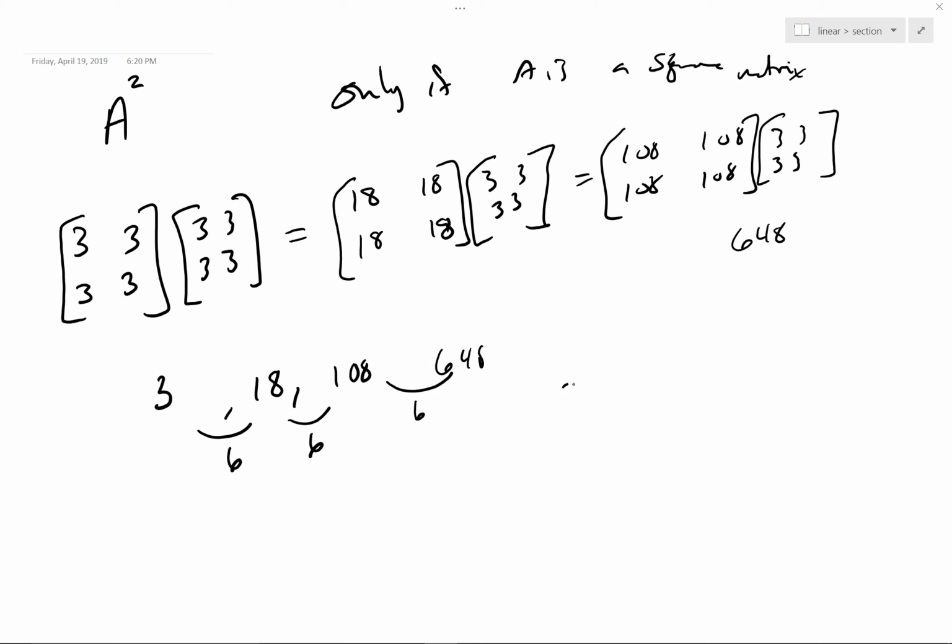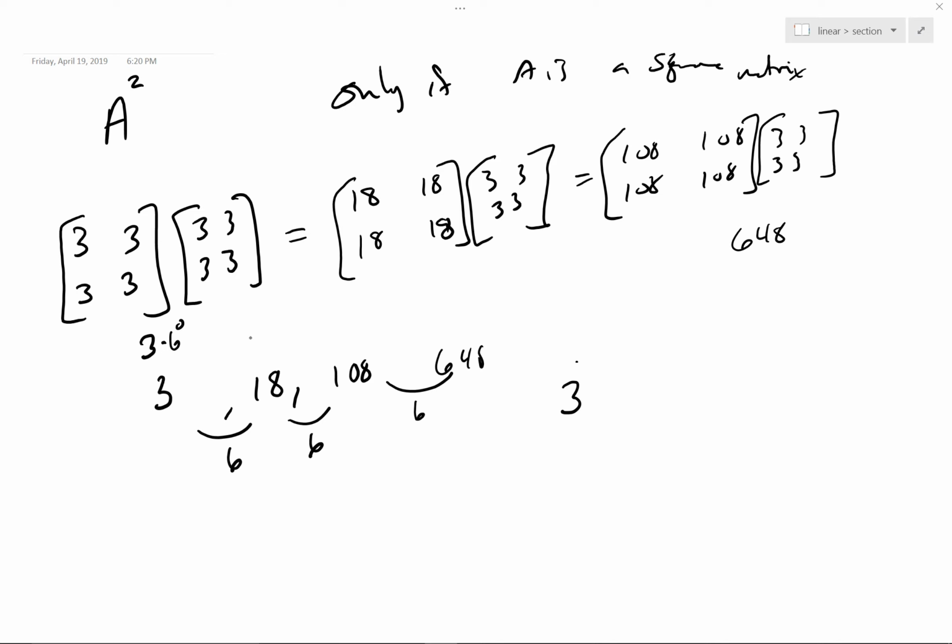So in other words, here we're going to have 3 to the 0 power. Here you're going to have 3 to the, well, how would you write that? Actually, I'm sorry, it's 3 times 6 to the 0.